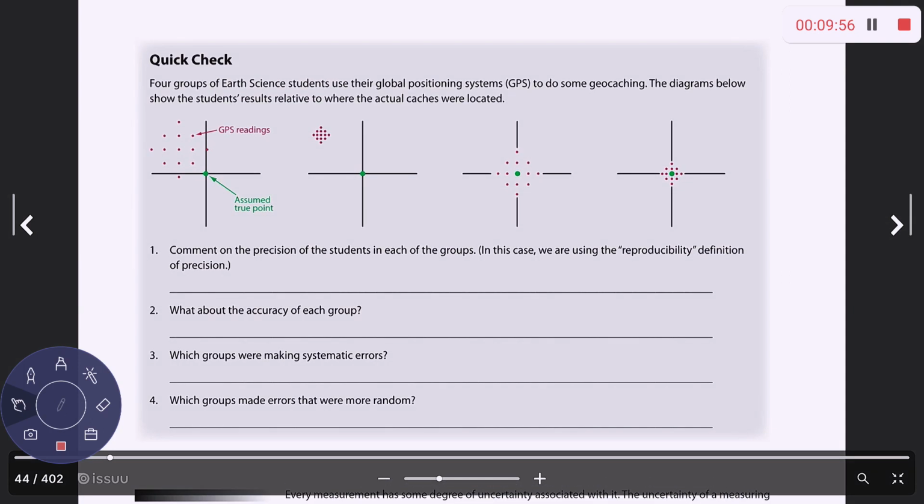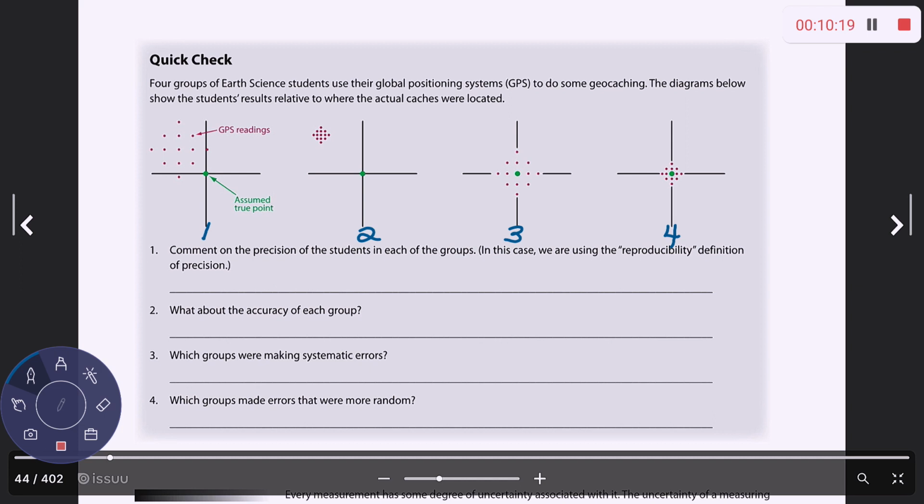Okay, so let's address precision and accuracy using this quick check. So here, if you take a look, let's go ahead and label these numbers 1, 2, 3, and 4. Okay?